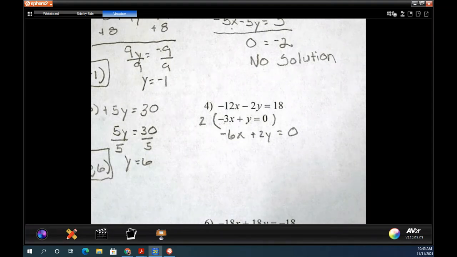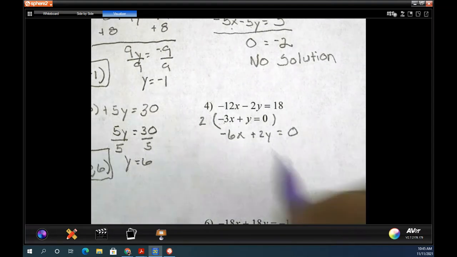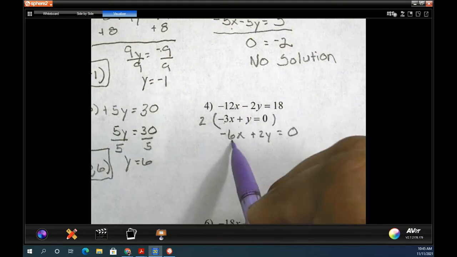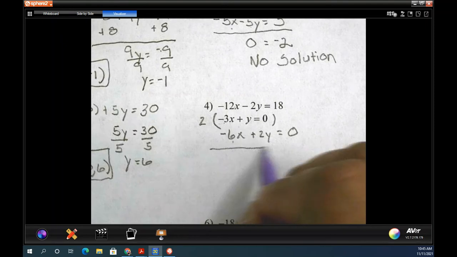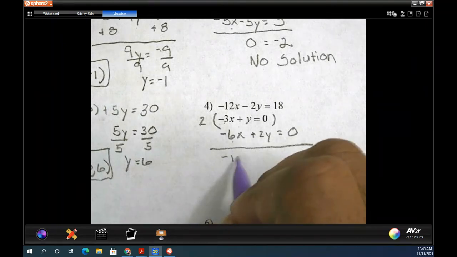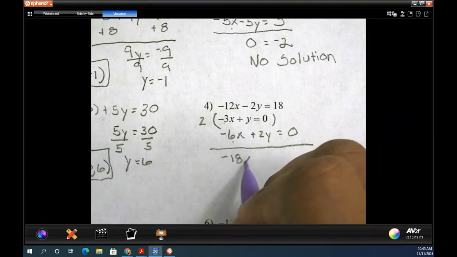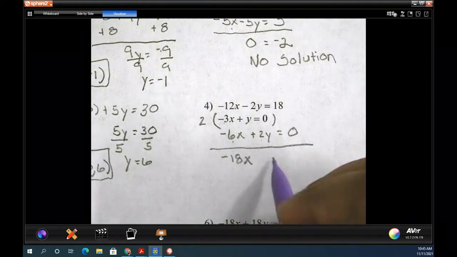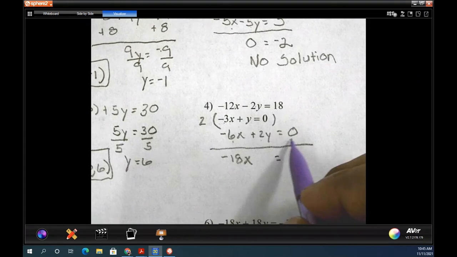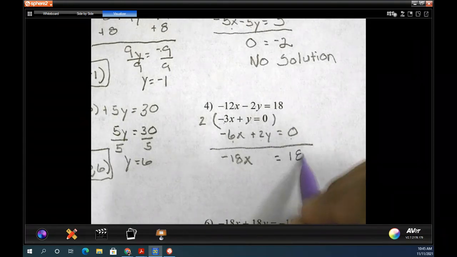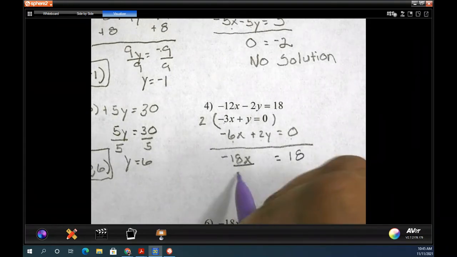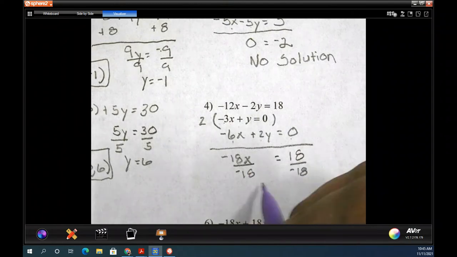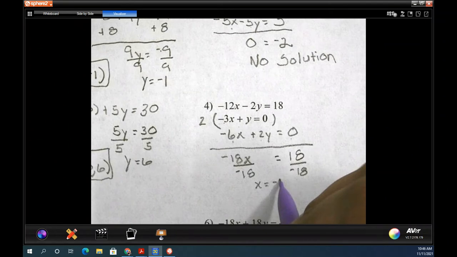All right. Now, -12x minus 6x, oops, didn't draw my line, is -18x. -2y plus 2y is 0. 18 plus 0 is just 18. Divide by -18, x equals -1.